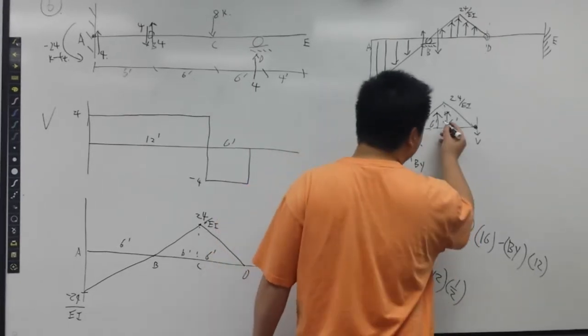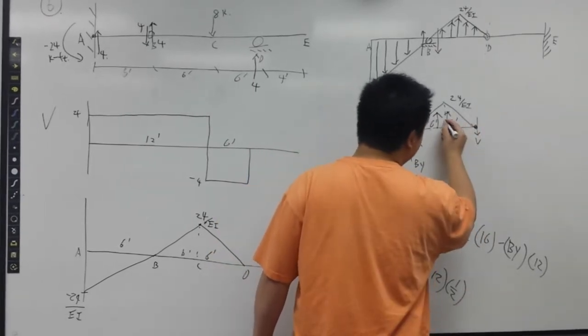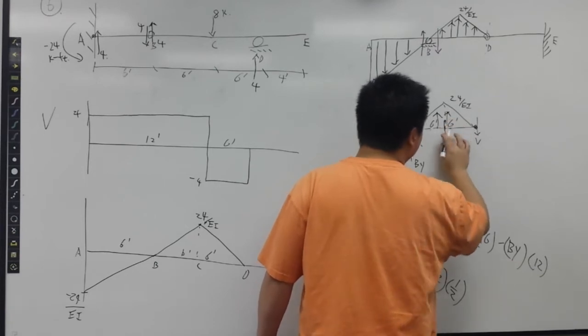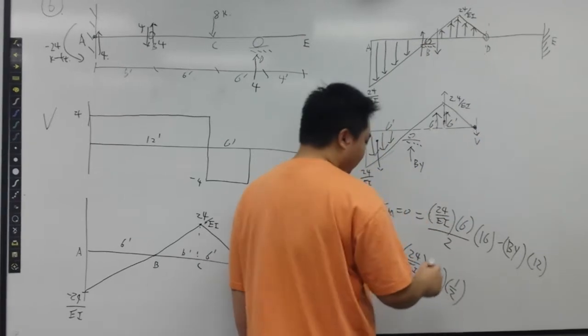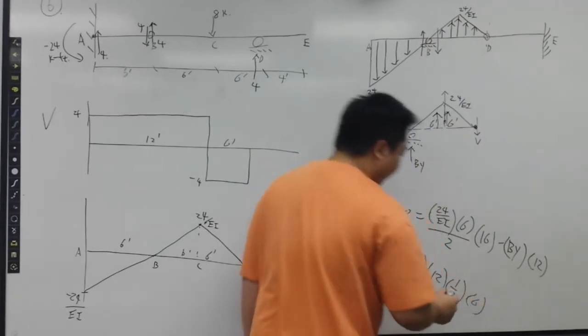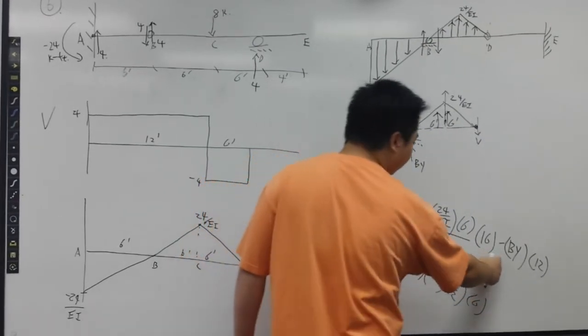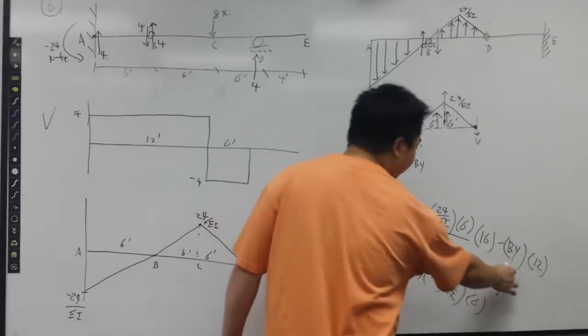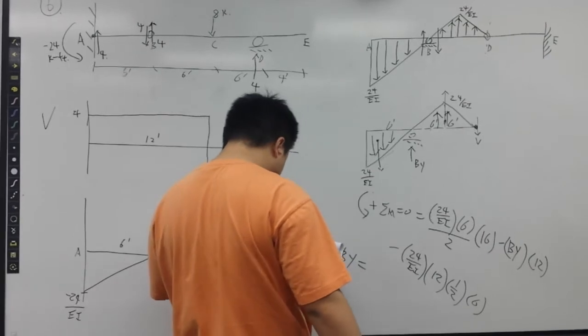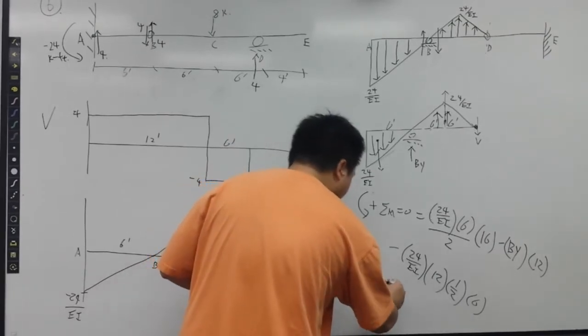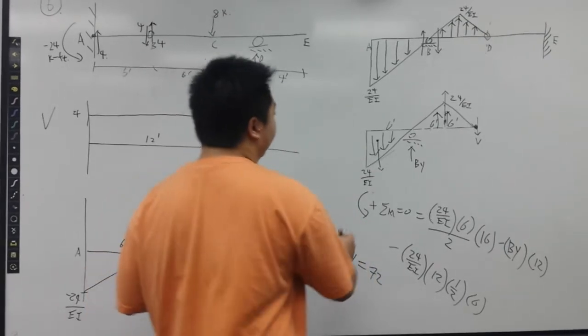And the centroid for this one, they're equal, so it's at the center, pointing up. So half of this, so 6. So bring By to this side, it becomes positive. So your By is going to be 72. So now we have By. By is 72.